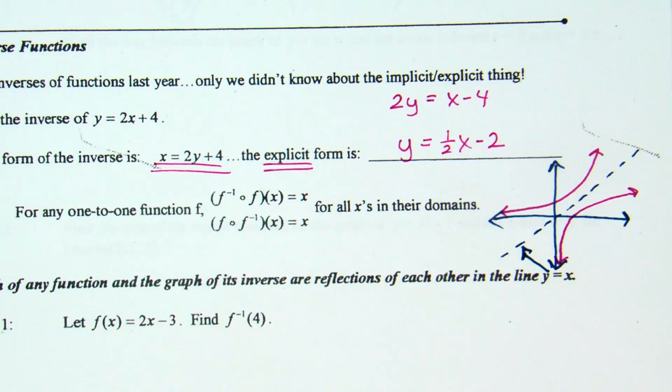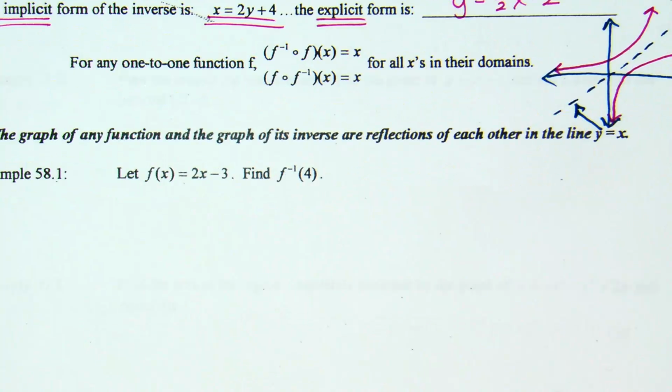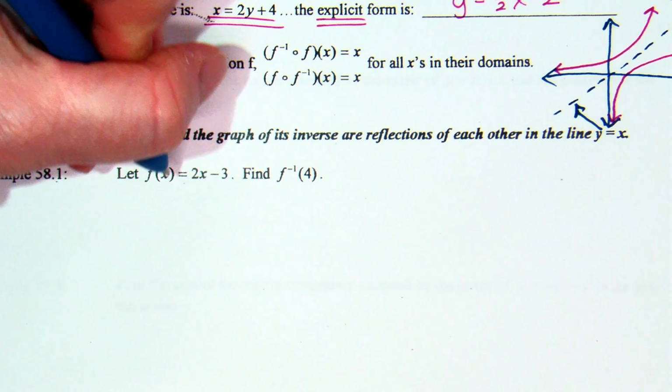Okay, let's look at our one example here. As I said, I'm going to add a second part that's not exactly in the directions. The example gives us a function, f of x equals 2x minus 3, and asks us to find f inverse of 4. Switch x and y and solve for y.